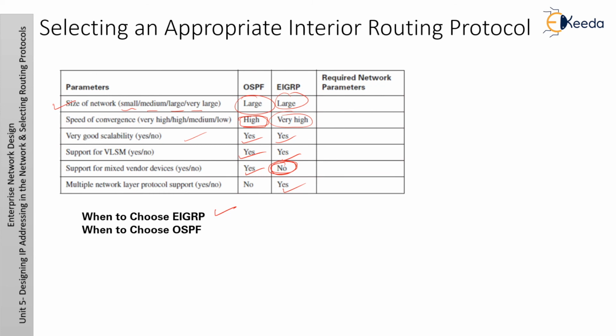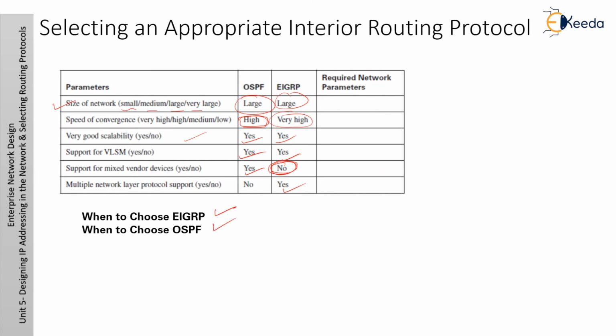The OSPF hierarchical area requirement improves design constraints in larger networks. One backbone area is required and all non-backbone areas must be directly attached to that backbone area. Expansion of the backbone area can cause design issues because the backbone area must remain contiguous. So this is the thing.